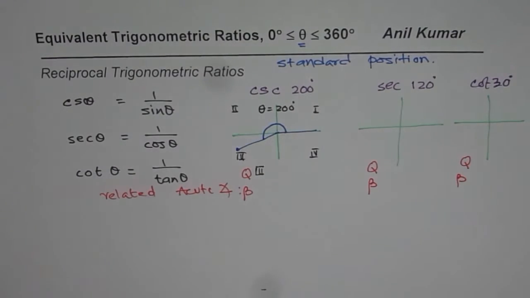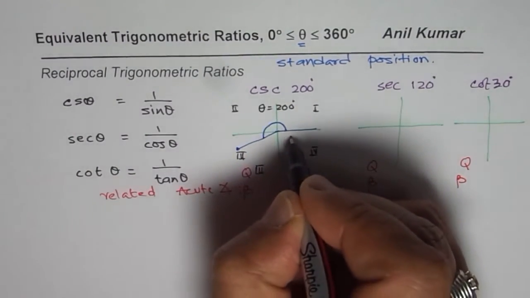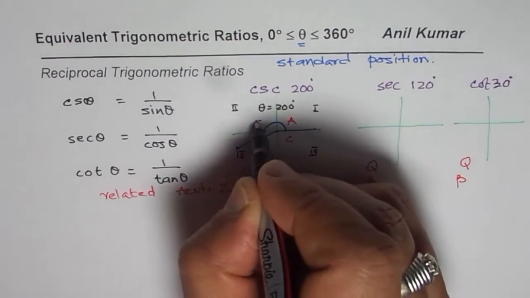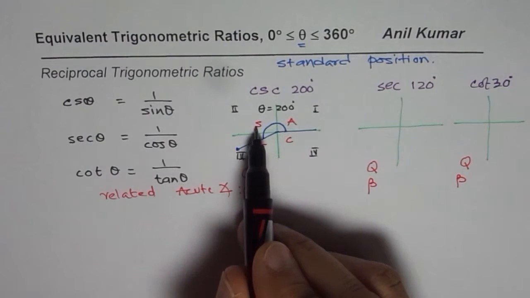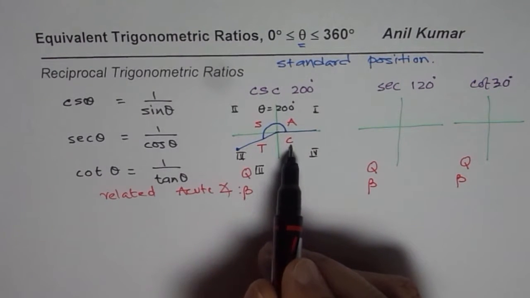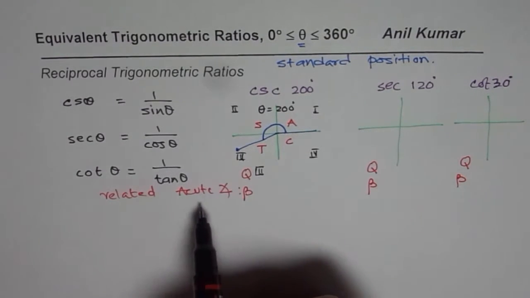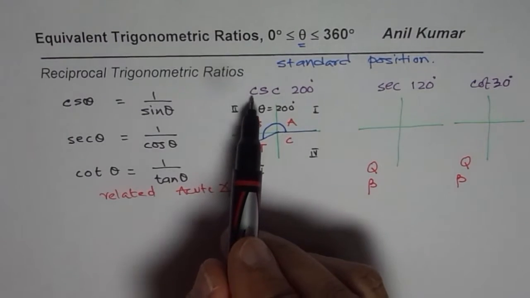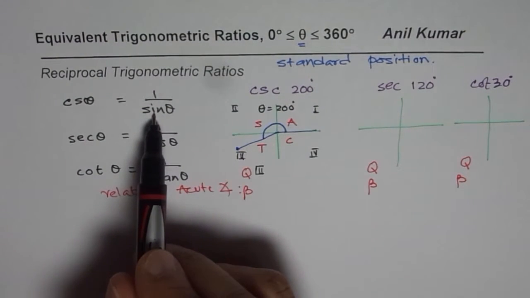Now the other thing which we need to find is the CAST rule, whether the sign is positive or negative. So what do we know? The CAST rule says that all are positive in quadrant 1, sine is positive in quadrant 2, tan in 3, and cosine in 4. Since we are in quadrant 3, we are working on cosecant, right? Now cosecant is reciprocal of sine.